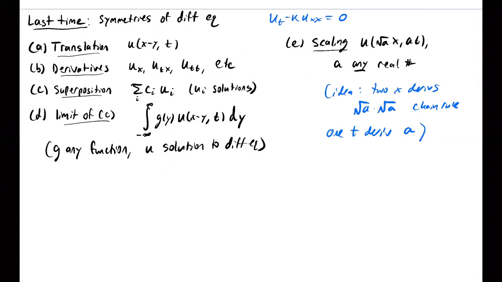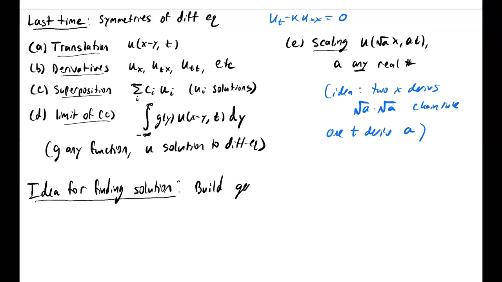Right. Okay, and so remember, what is the idea for finding a solution? Well, the idea is to use some of these observations related to the symmetries of the equation to build a general solution from a particular one.